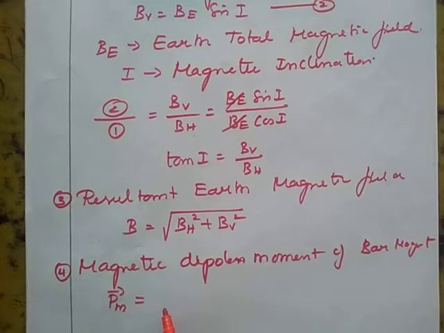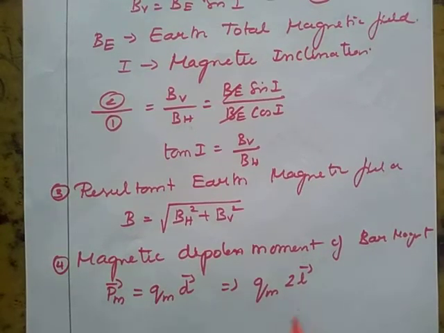It starts from the south pole and ends at the north pole. Then PM vector is equal to QM d vector. We can write it in one more form, QM 2L vector. Here QM is the pole strength and 2L is the magnetic length. PM vector is the magnetic dipole moment. Then the magnetic dipole moment is the product of pole strength and magnetic length.